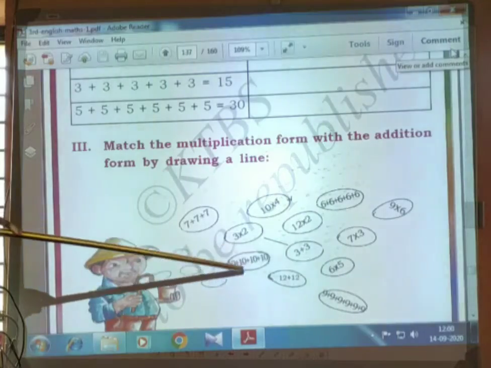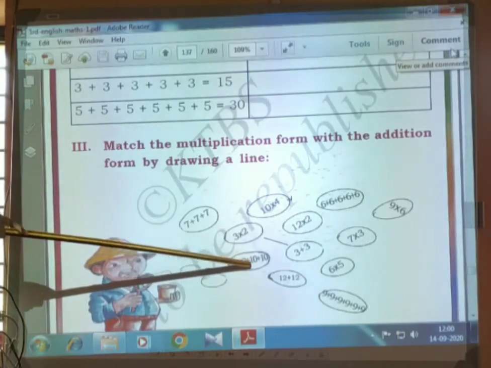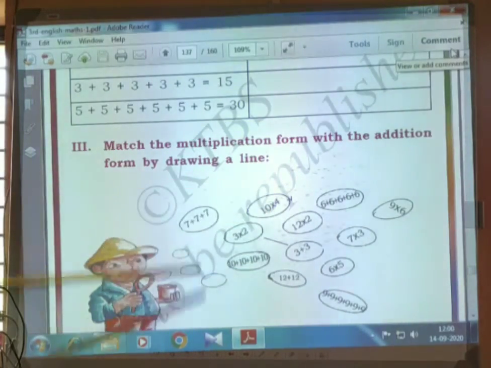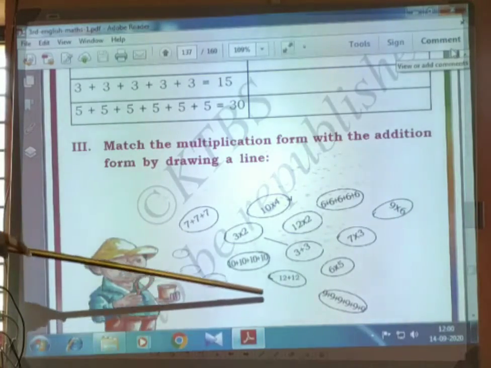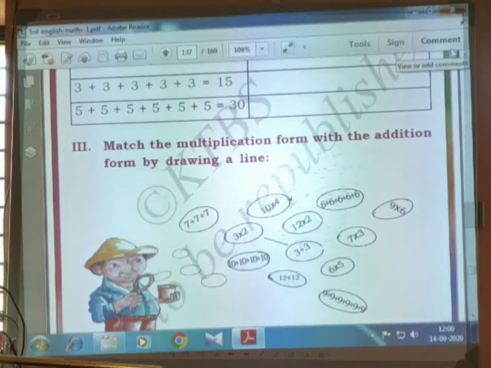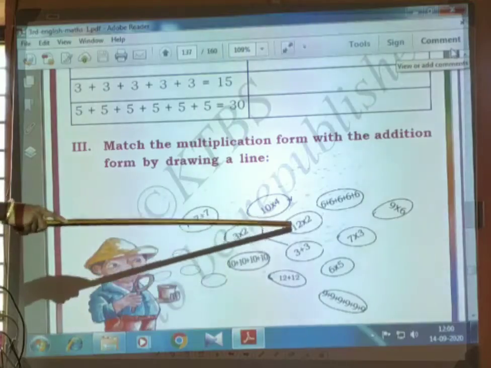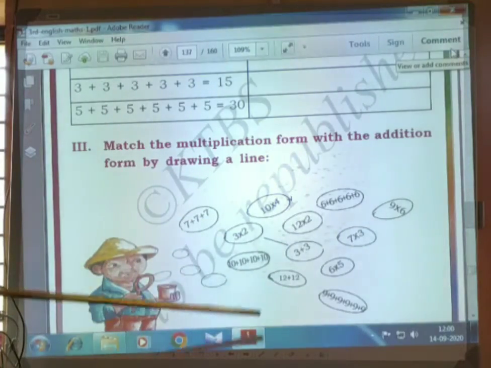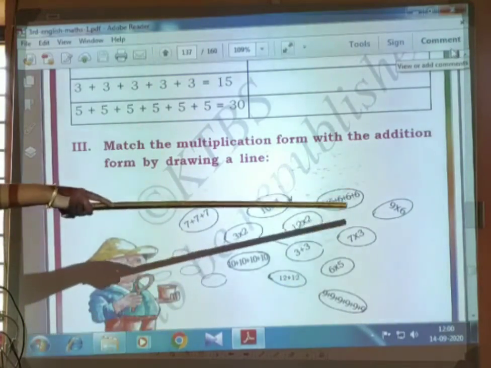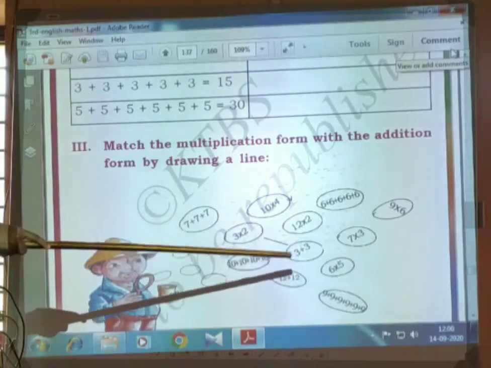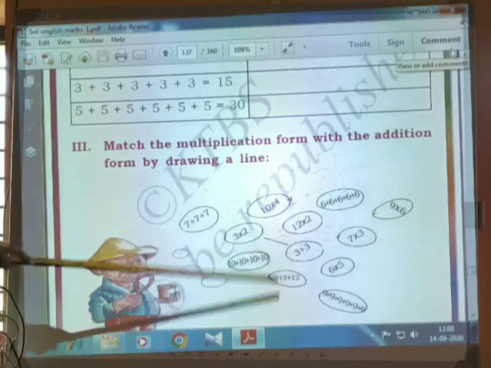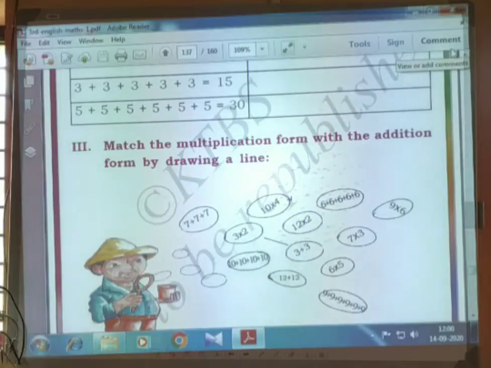You have to draw 10 plus 10 plus 10 plus 10 to 10 into 4. 12 is 2 times added, 12 into 2. 9 is 6 times added, 9 into 6. 6 is 5 times added, 6 into 5. 6 into 3. Got it?